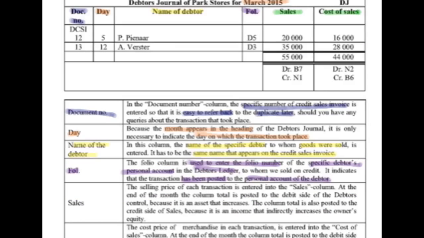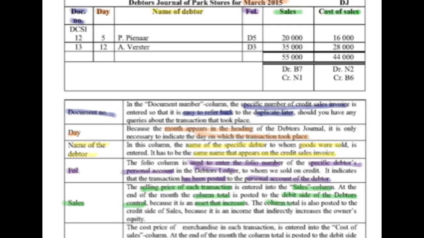Our next column is sales. In other words, the selling price of each transaction is entered into the sales column. At the end of the month, the column total is posted to the debit side of the debtor's control account, because debtor's control is an asset that needs to increase on the debit side. So sales increases debtor's control.